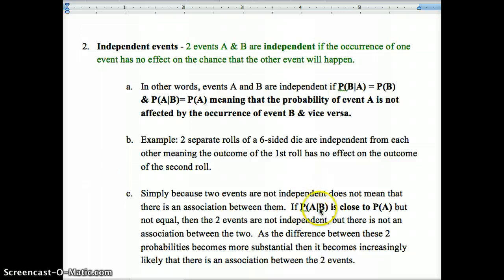If the probability that an event occurs is drastically different given another event occurring, so if the probability of event A occurring is changed quite a bit by B occurring, then we might look into there being an association between the two. If they're close, then it's not likely that there's an association between the two events, but we cannot define them as independent. Those two probabilities have to be equal. The probability of an event cannot be changed if we're to consider them independent.